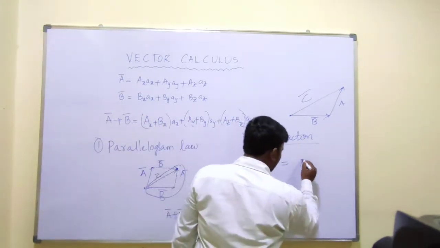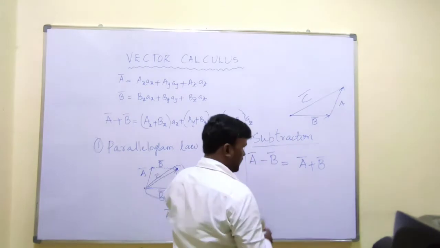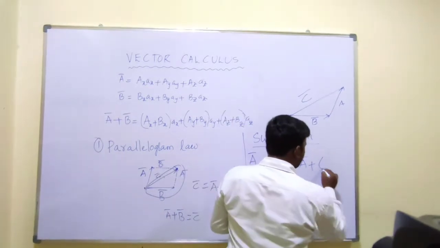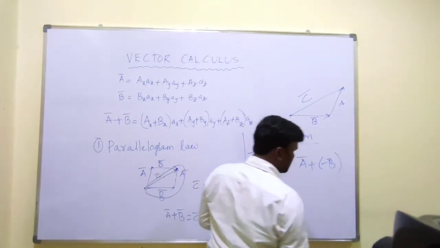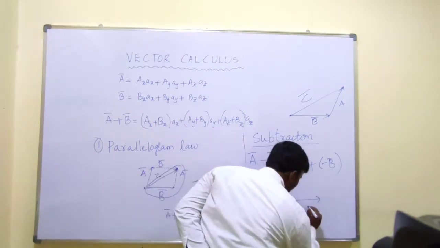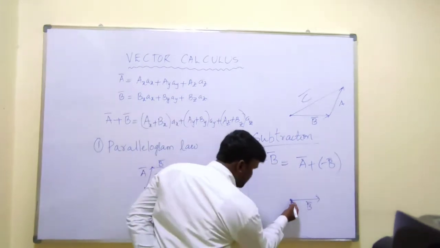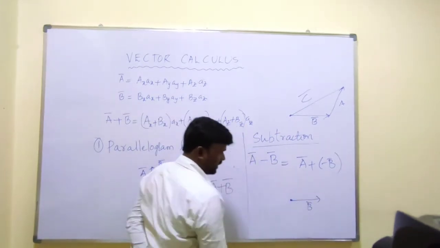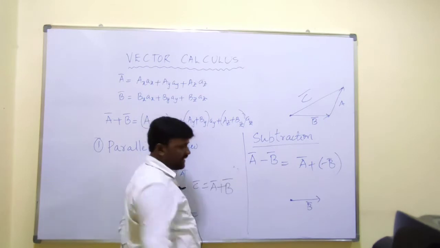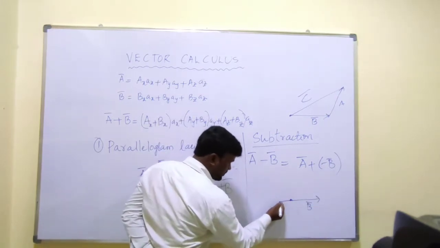That means a bar plus minus b bar. Let us take vector b bar represented like this, with this starting point and this terminating point. Now I am starting at the same point and moving in the opposite direction with the same magnitude.